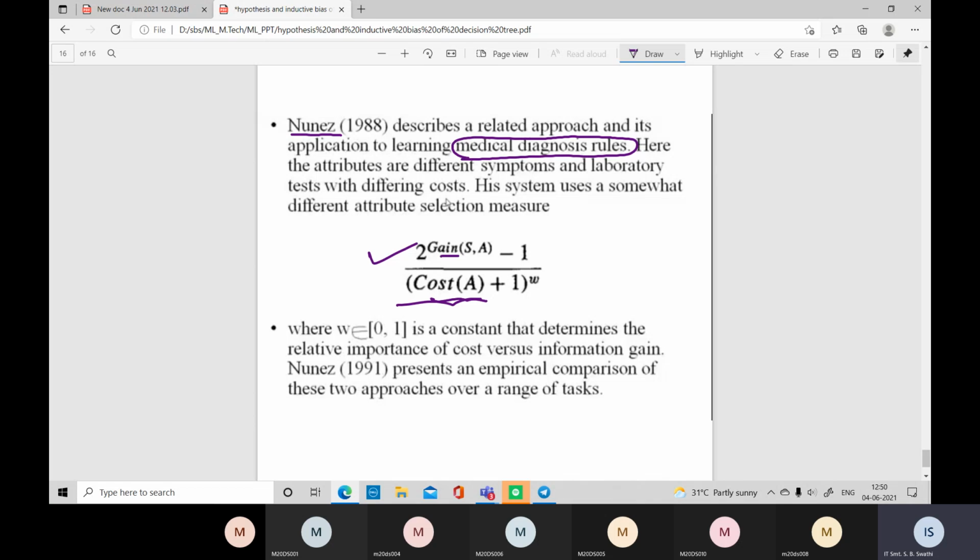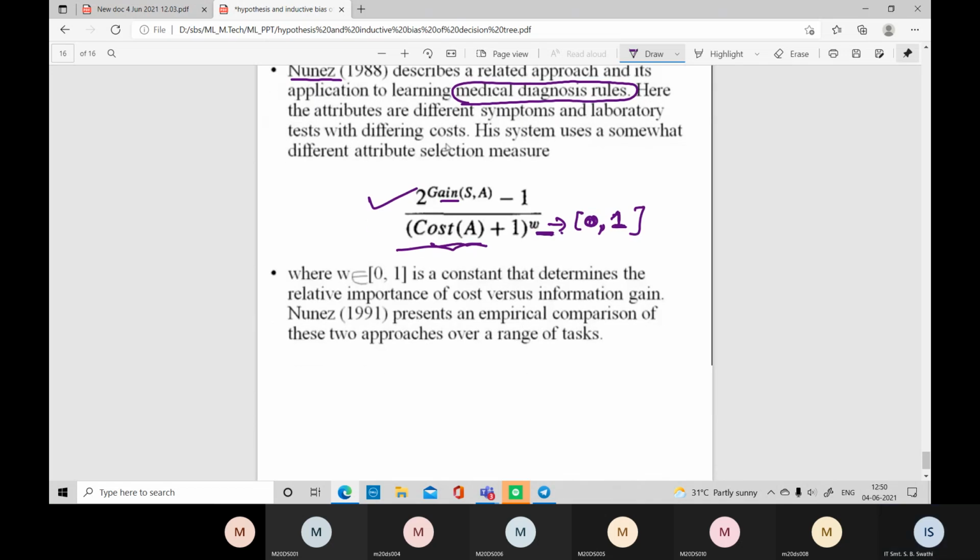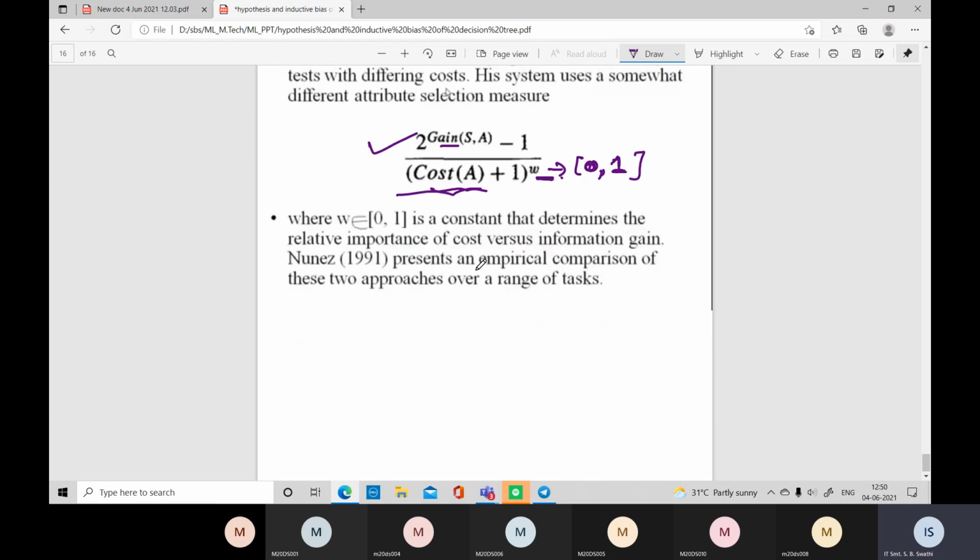Only in the medical field will this formula work well. W is some constant value which can be in the range 0 to 1, a closed interval, that is including 0 and 1. It is a constant value which can be taken to apply to this particular formula.